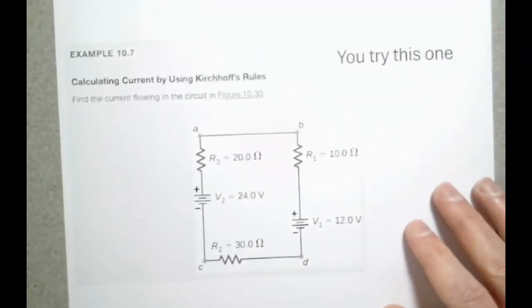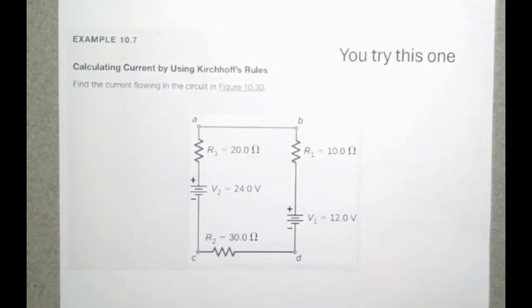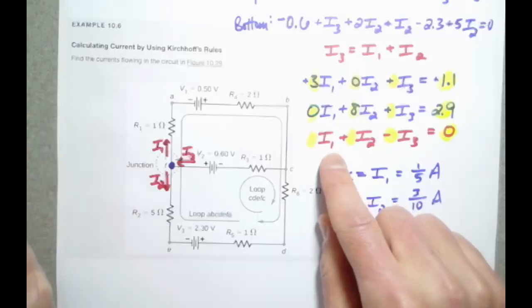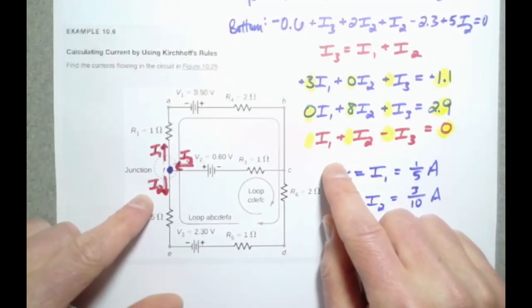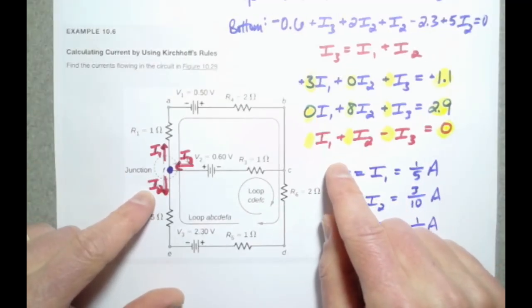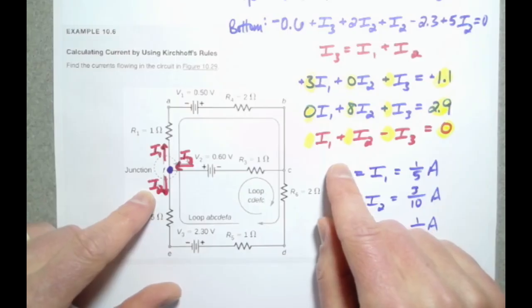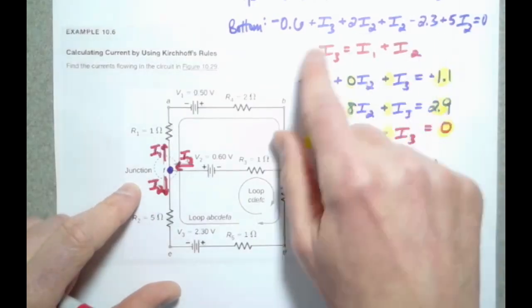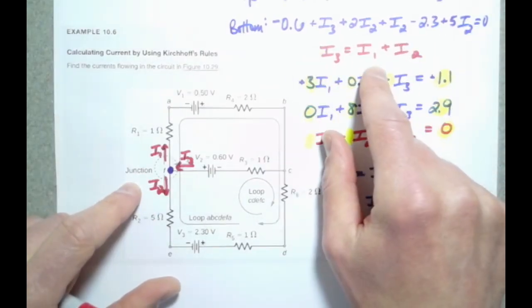Would it be wrong if you did I2 equals negative I1 plus I3? Yeah, any way you combine. You can rearrange this algebraic expression however you want.